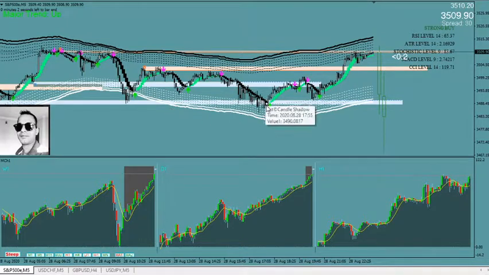This system is based on ATR, and the ATR values are where most people's stops were, like those sellers, or the aggressive buyers who buy breakouts, their stops were over here at the ATR, and they will be hit.